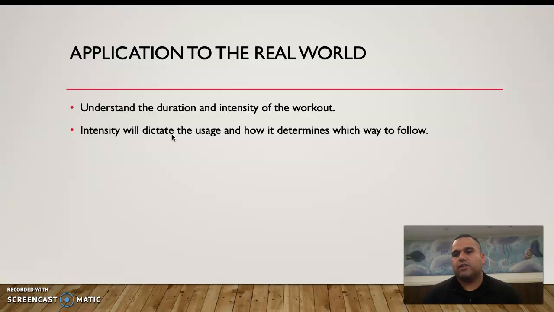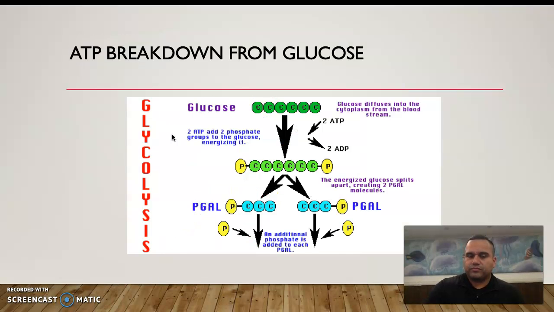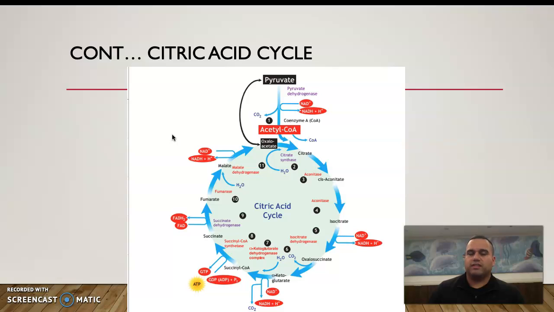Greater yield, longer duration, faster yield, quicker and higher intensity. And that's kind of the end result of both of these energy systems. So 2 types of energy, both go through the whole process.